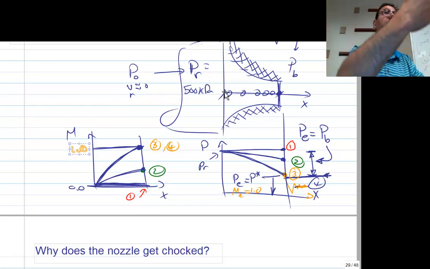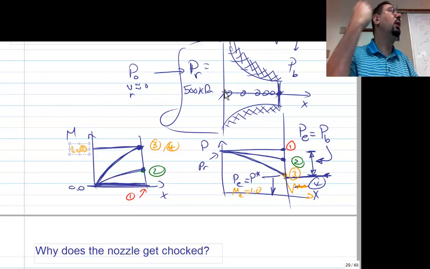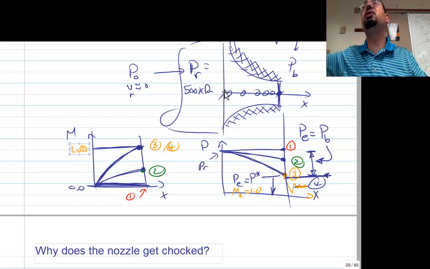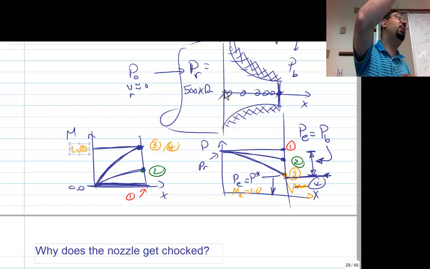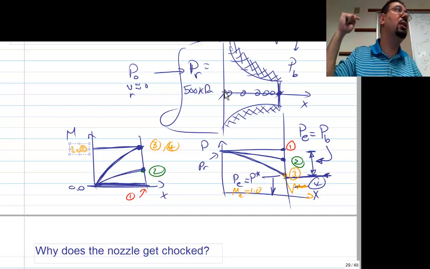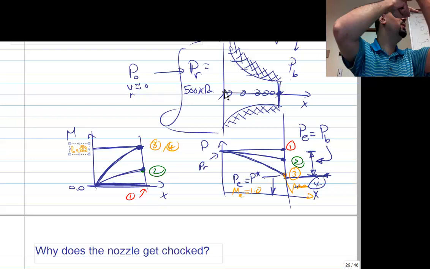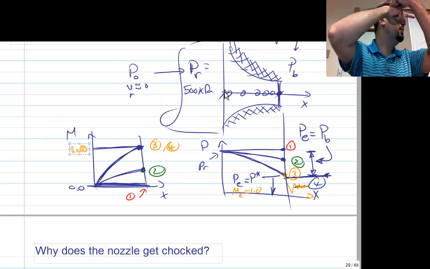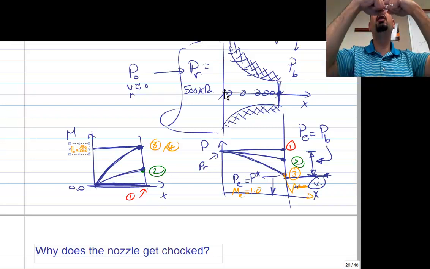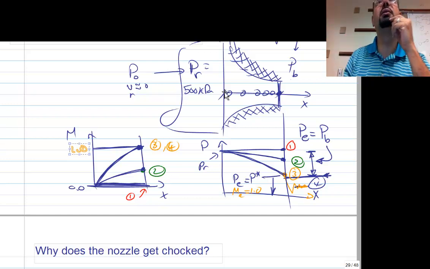The pressure waves that tell the flow that the exit chamber just dropped lower and lower are trying to move at the acoustic speed, by definition. And the flow is leaving at the acoustic speed. So the information never really manages to go inside.